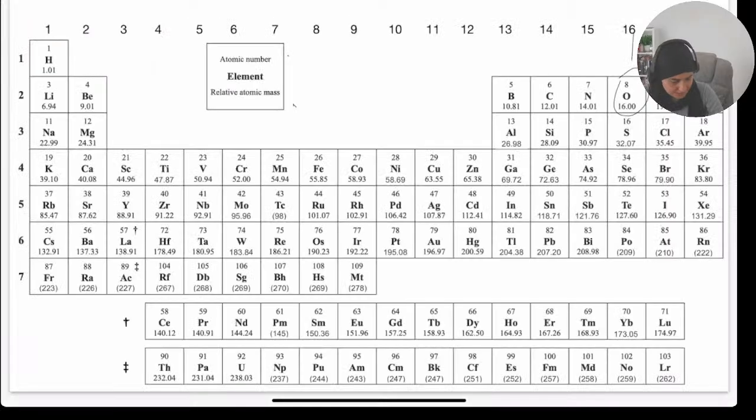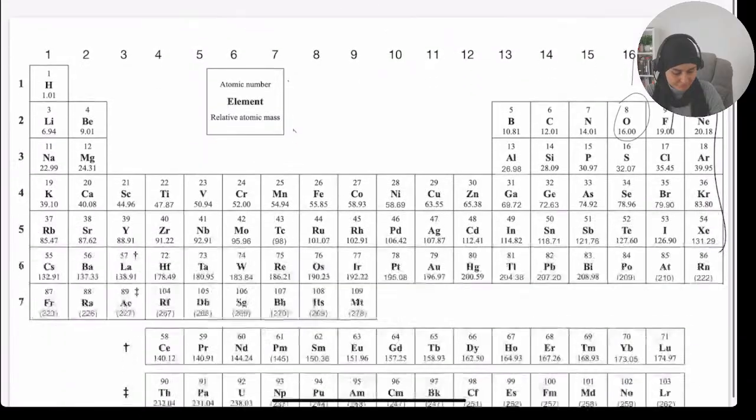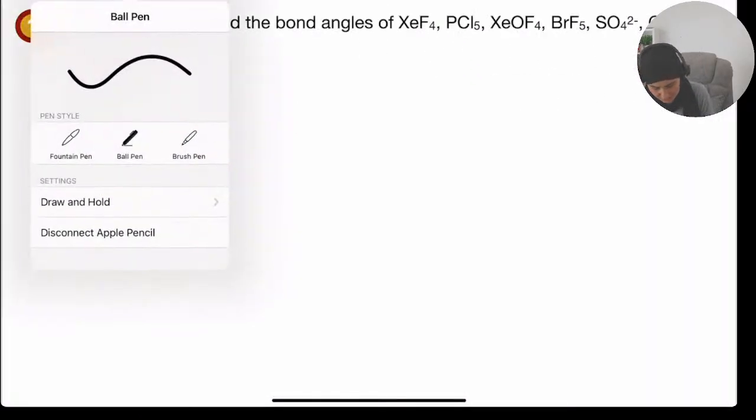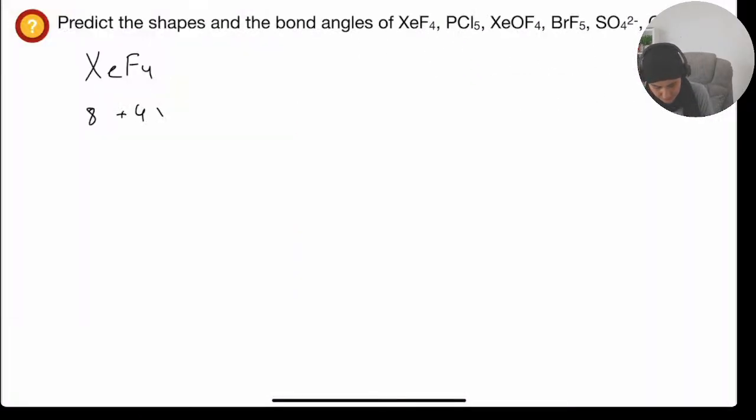Fluorine has 7 electrons. So xenon has 8, fluorine has 4 times 7. 8 plus 4 times 7 is 36 electrons, or 18 pairs.